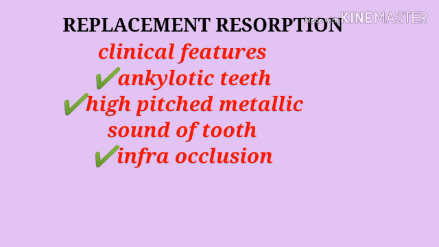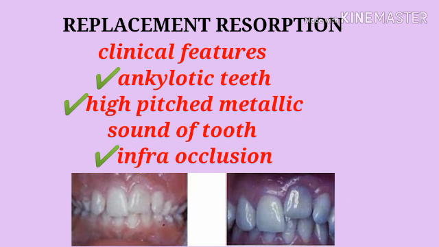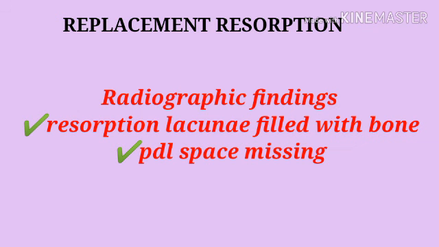The main clinical findings are ankylotic teeth. Tooth may demonstrate high-pitched metallic percussion sound. Infraocclusion may be evident. These are the main clinical findings. Radiographic findings are resorption lacunae are filled with bone and the periodontal ligament space is missing.